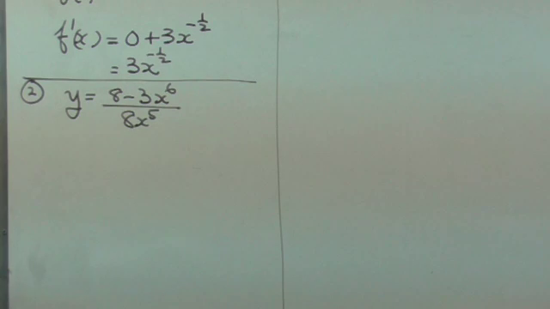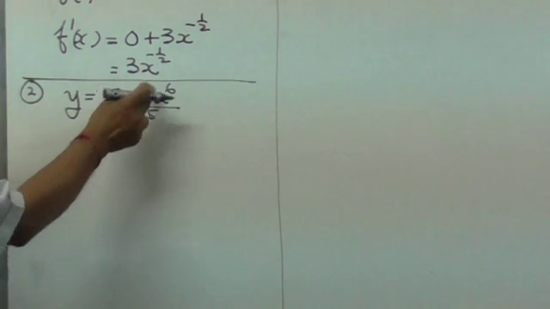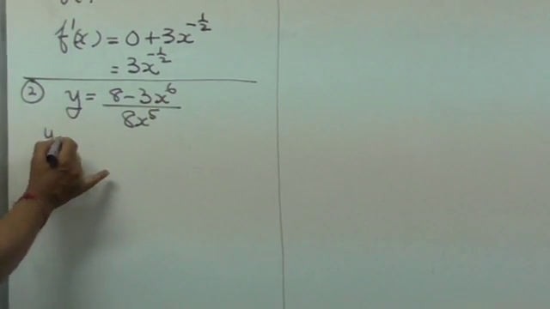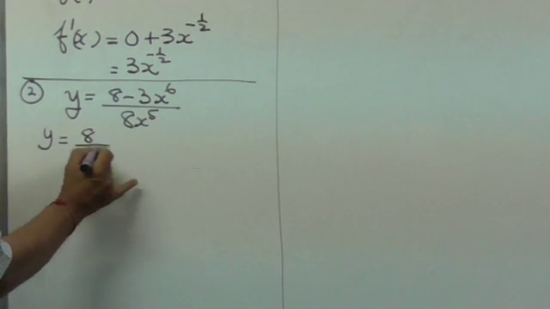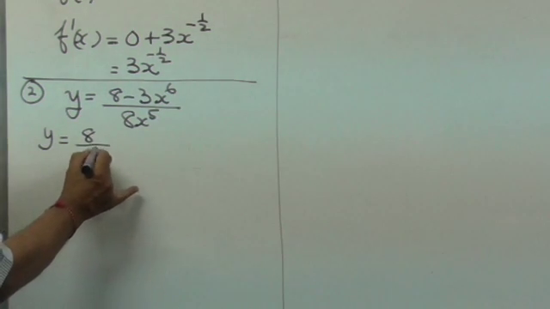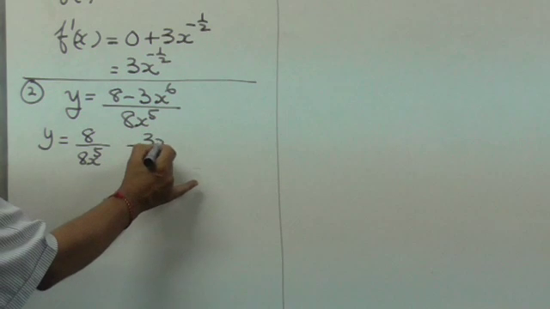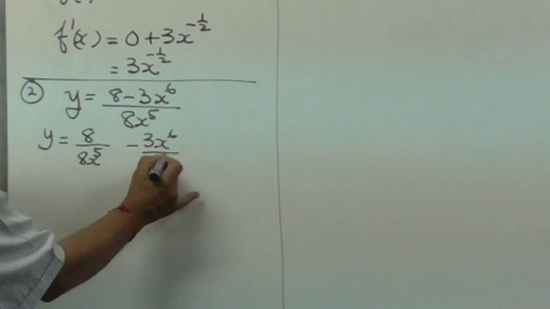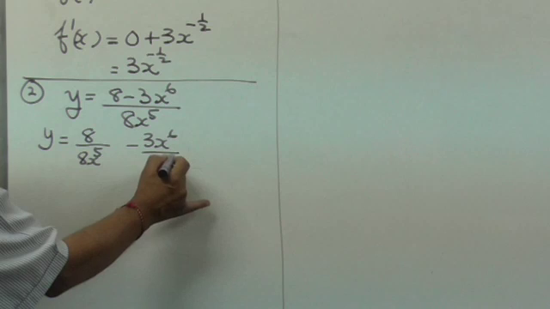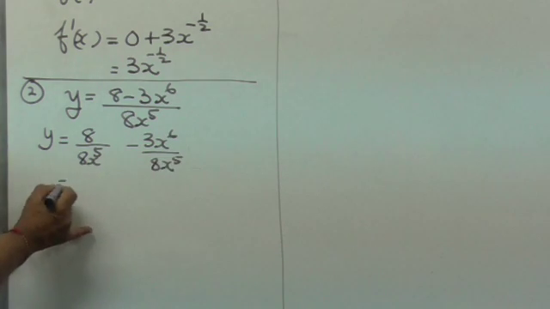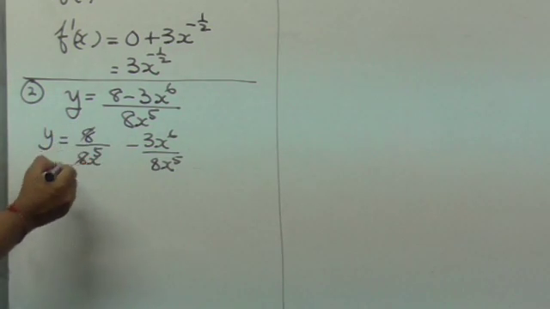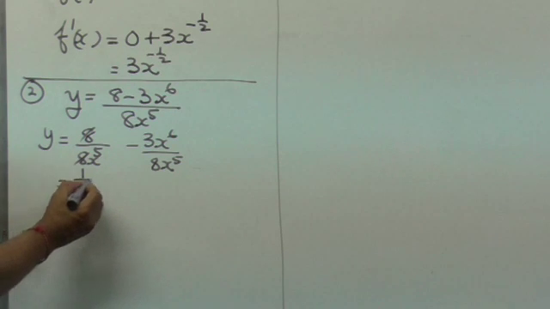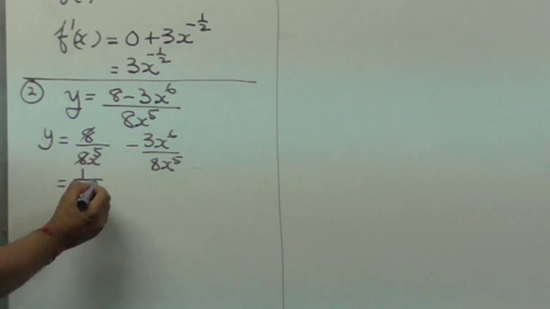So remember, you've got to divide this by that and that by that. So the question will become y is equal to 8 over 8x to the 5 minus 3x to the 6 over 8x to the 5. And that will cancel off. You'll be left with 1 over x to the 5.